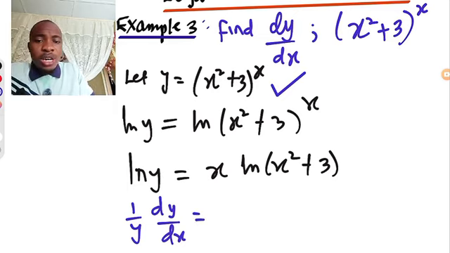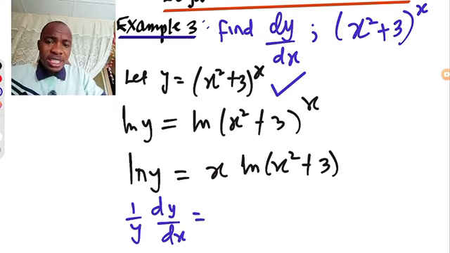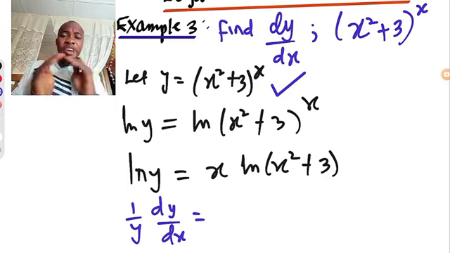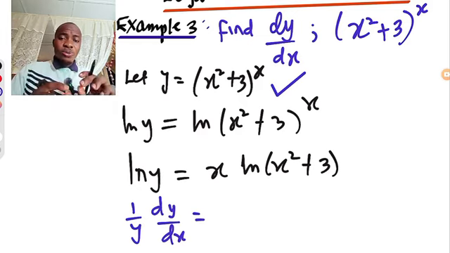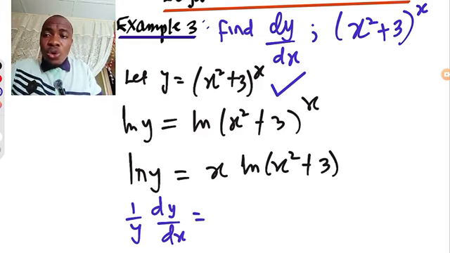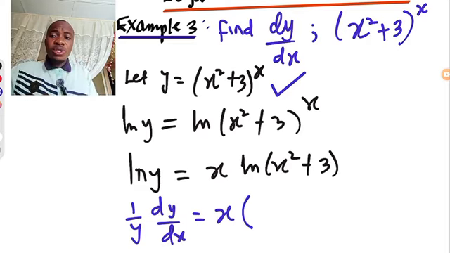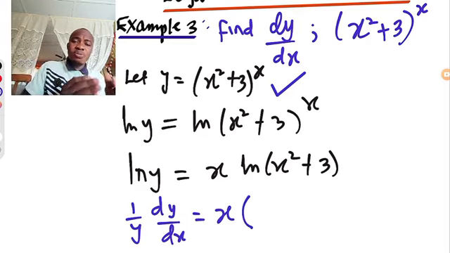Now this equals, here we have x as one function and ln of (x squared plus 3) as another function, so we use the product rule. We keep x and differentiate ln of (x squared plus 3).